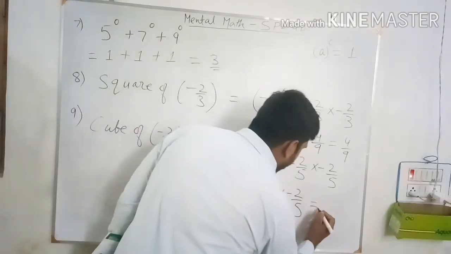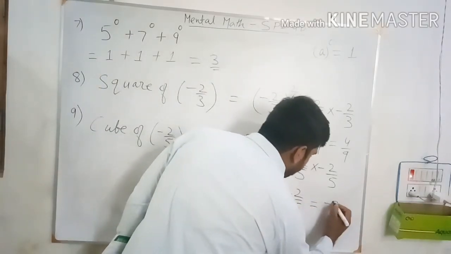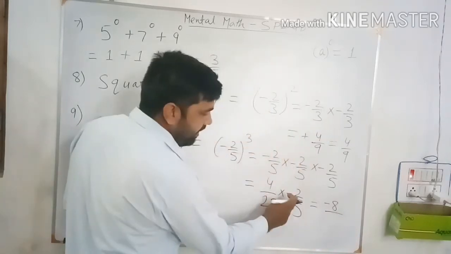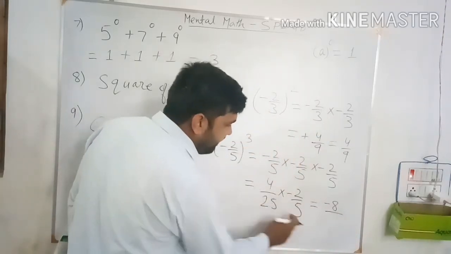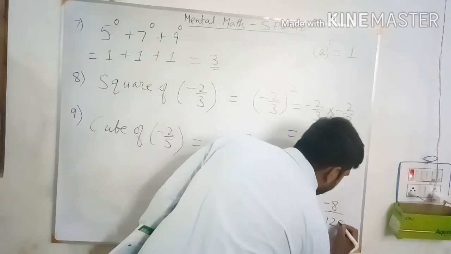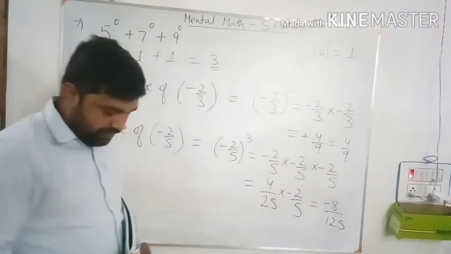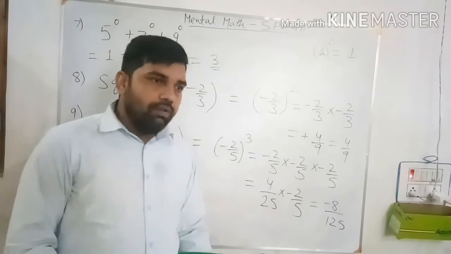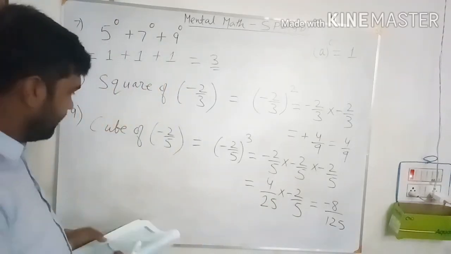So at the numerator place you got minus 8. 25 5s are 125. So if you multiply 5 with 25, you will get 125. Now the last question, 10.